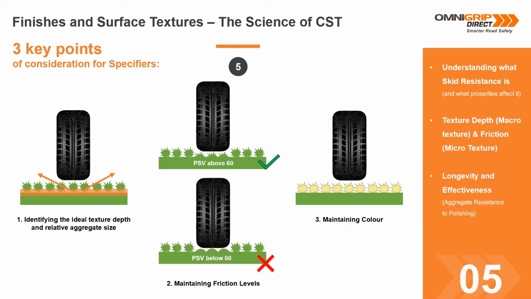When you use the wrong aggregate size, so if you use a smaller aggregate size that's not suitable for the application, or you use a small quartz or a paint or a sand, what this actually does is reduces the texture depth. And that's demonstrated in the image on the far left. It slows and stops the water removal from the surface, and then it reduces friction at the contact point. So this is what reduces skid resistance, and this is what makes the area slippery.